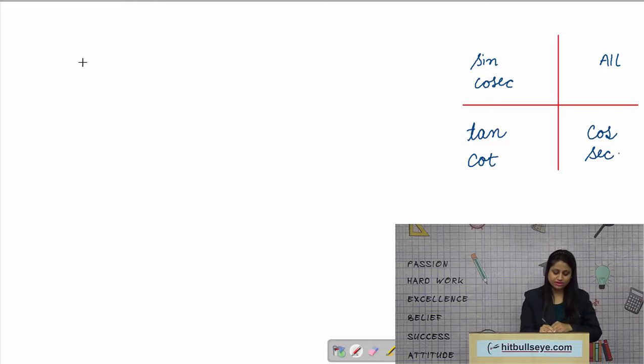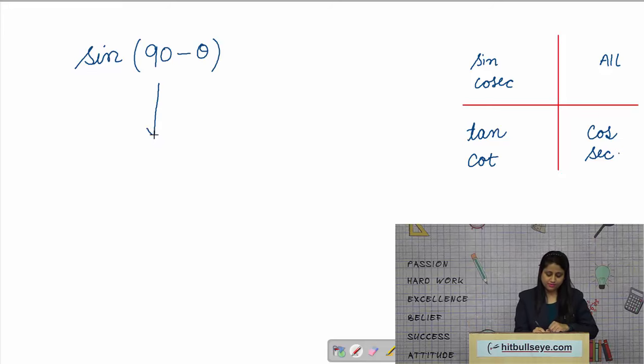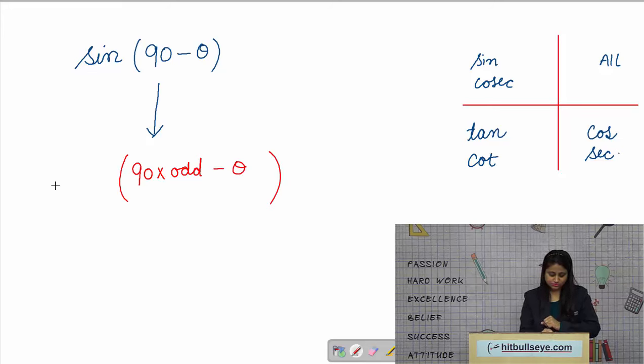First of all, sometimes these kinds of questions are asked. Find sine 90 minus theta. So the very first thing you will remember: whenever you have 90 into an odd multiple, 90 into any odd number, whatever the T ratio, for example sine, it will change.